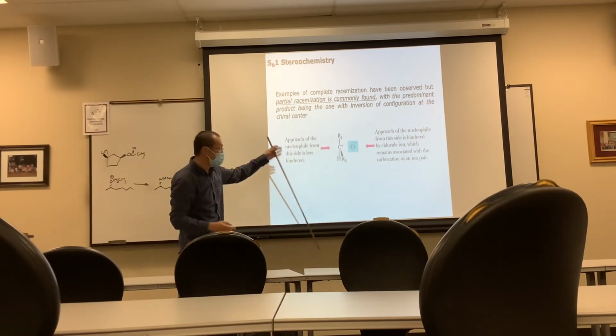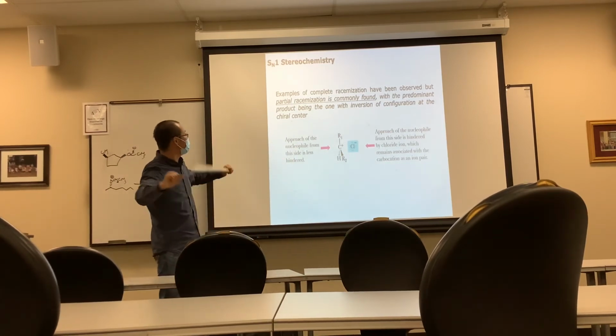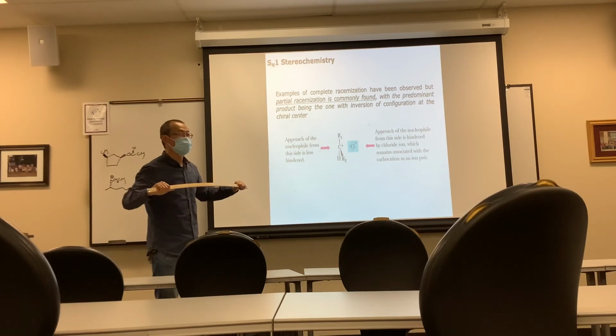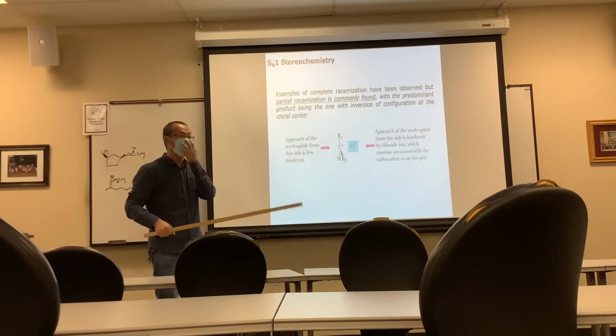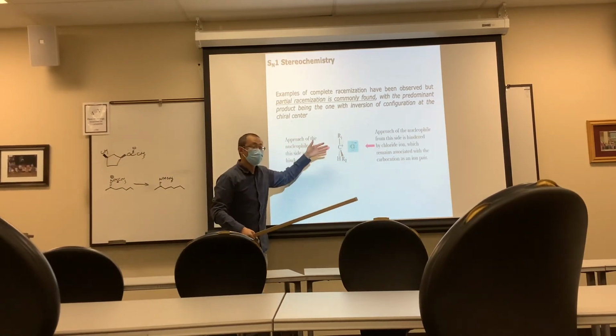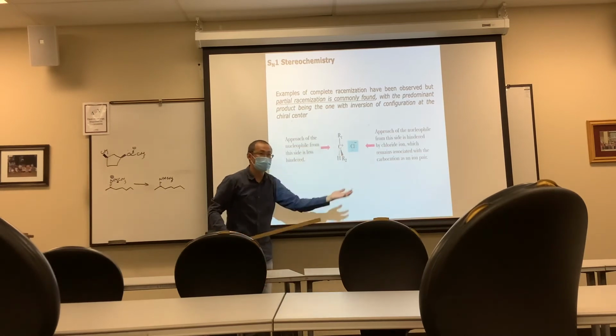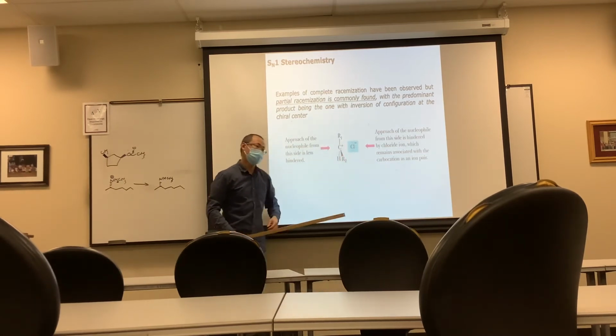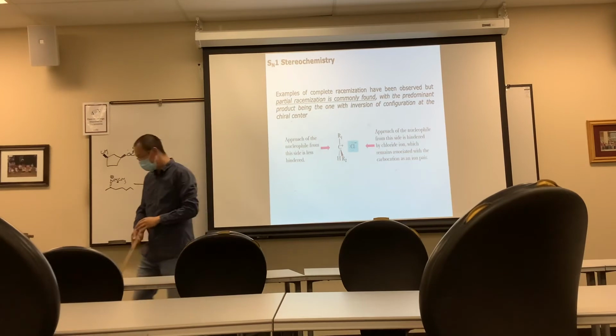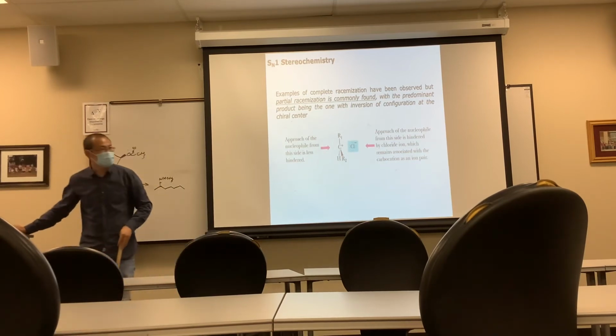But I do want to show you that sometimes we do see partial racemization, meaning they're not exactly 50%, 50%. We have more inversion product, meaning more from the back side than from the front side. It's because of the ion pair. Does it make sense, guys?